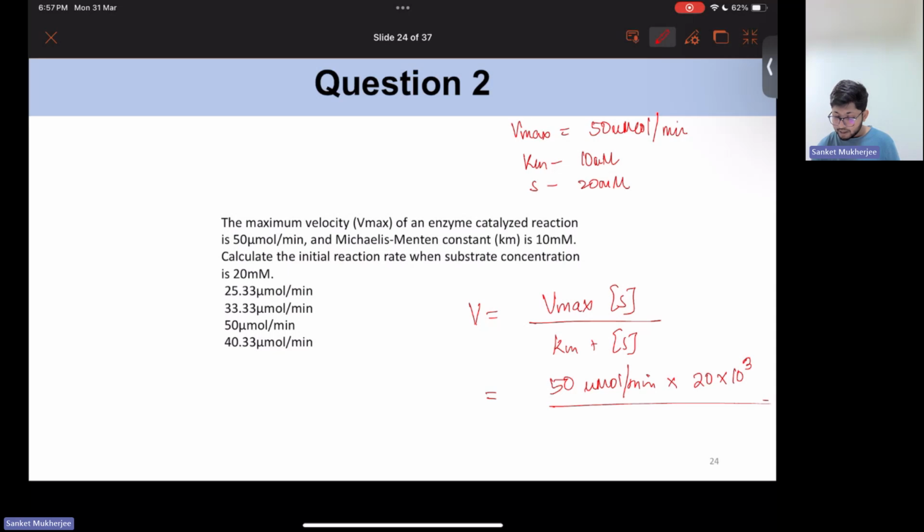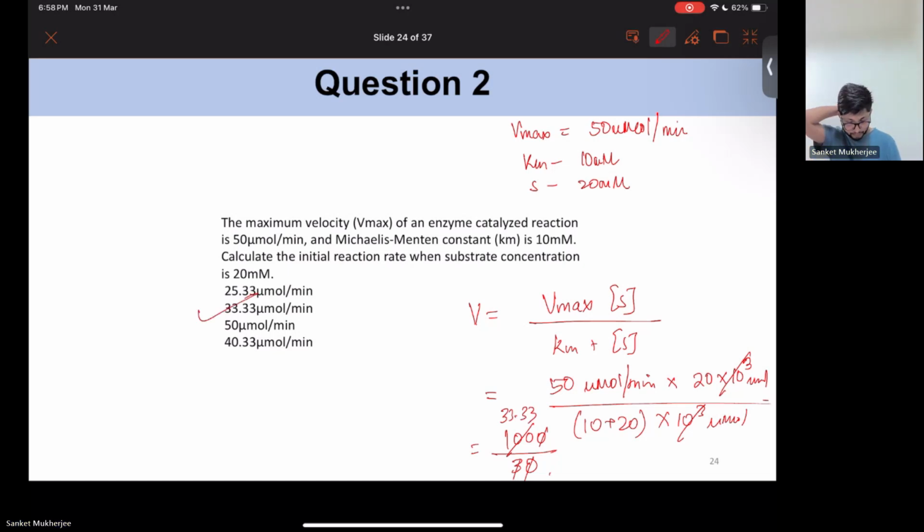Then we have both in millimolars, Km and S, so I will write it as 10 plus 20. So 10 to the power 3 cancels out. So it would be 33.33. So this is the answer, micromole per minute.